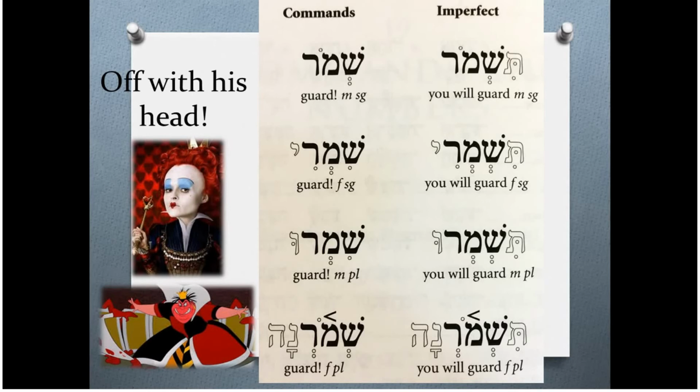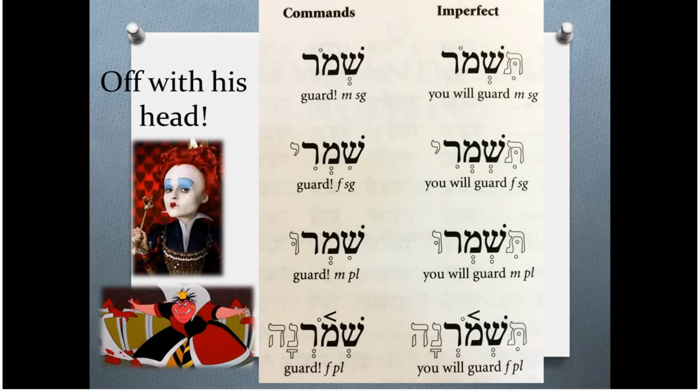So this is second masculine singular, pa'al imperfect. Now, how do you make that into an imperative? It's easy. Off with his head. Look to the left, and you'll see shmor. Okay, not the little campfire dainties, but the imperative guard, referring to a second masculine singular subject. So from tishmor to shmor, all that they did was remove the tav.